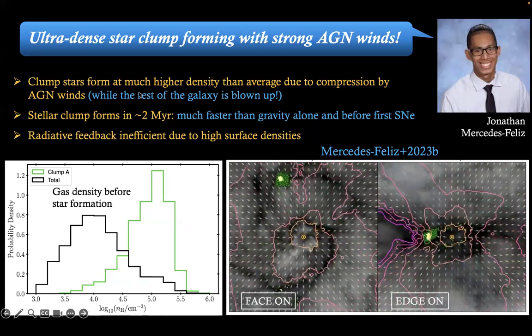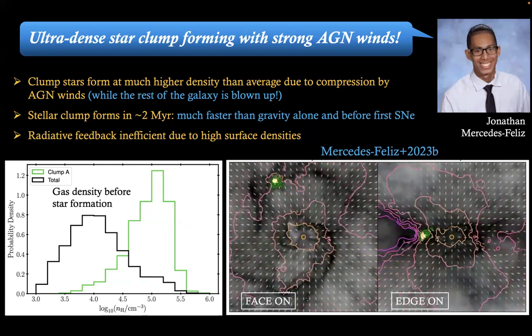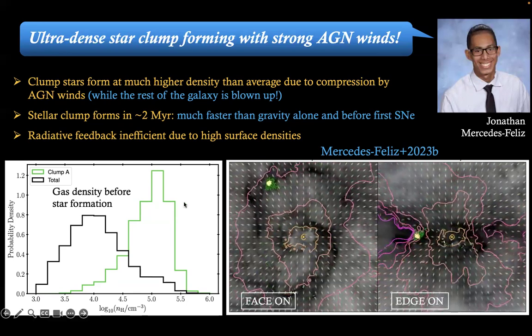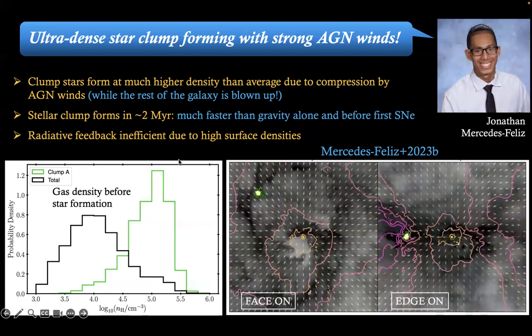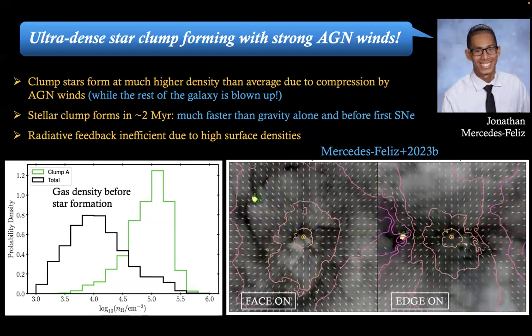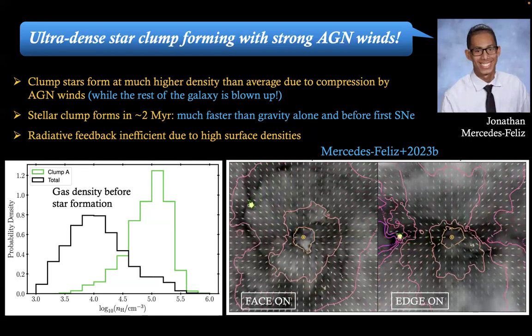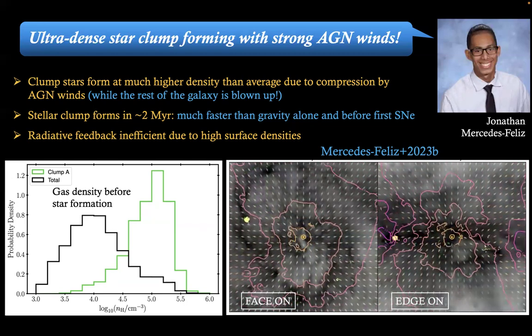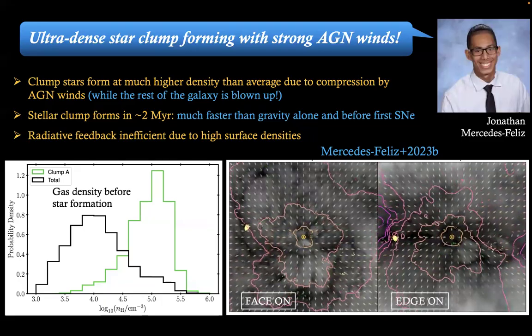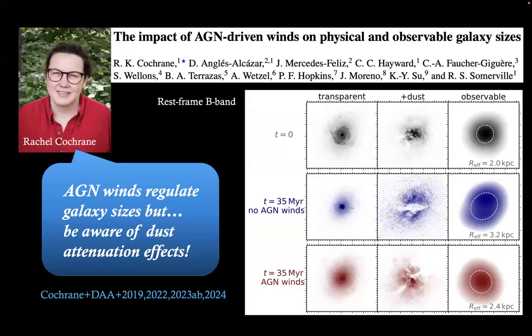So basically, this happens before supernovae can disrupt the cloud, and it also reaches high enough densities that radiative feedback is inefficient at regulating star formation. So this could be a smoking gun, perhaps, for positive AGN feedback while the overall galaxy is being globally quenched. Anyway, I think I'm running out of time.